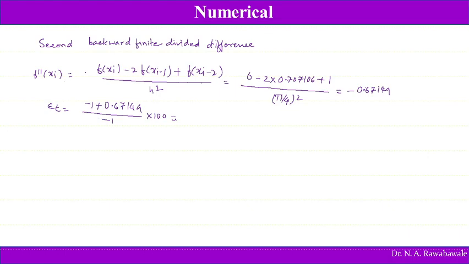So this error is going to be 2 minus 1 divided by minus 1, which means minus of 1 divided by minus 1. So error here is going to be 32.85%.